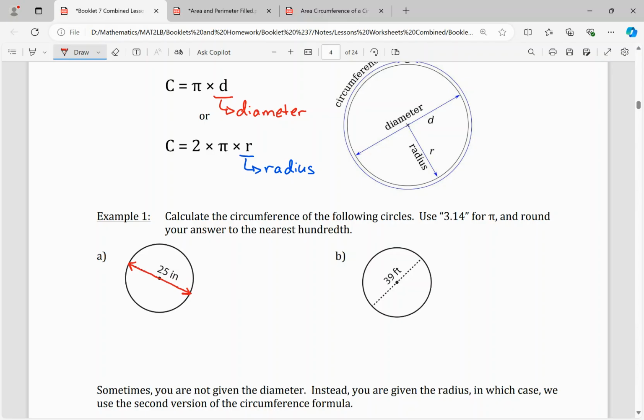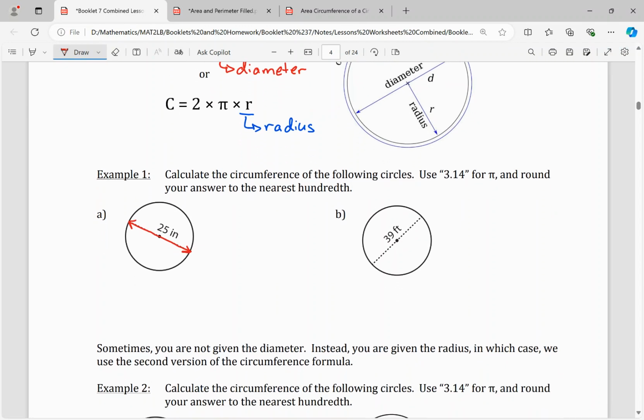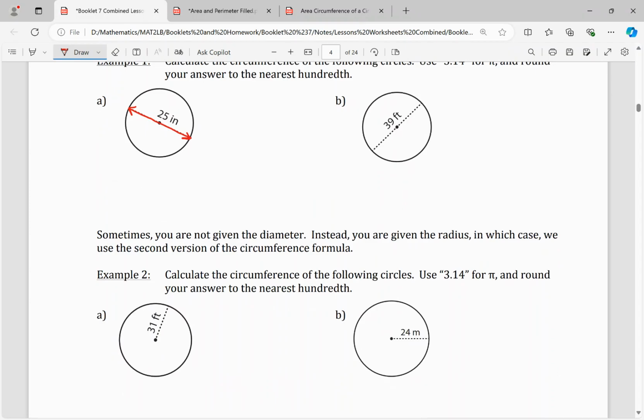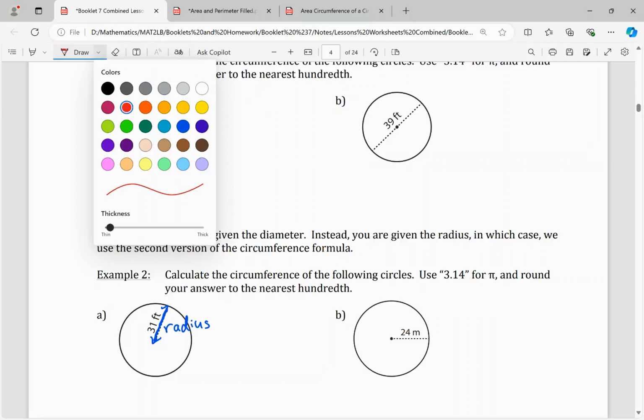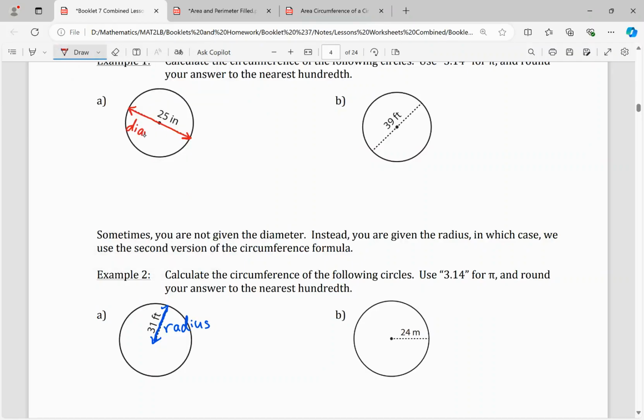You can also find the circumference of a circle if you're not given the diameter, but instead given the radius. Now, the diameter and the radius are very similar, but where the diameter gives you the distance from one side to the other, the radius only gives you the distance from the center to the outside of the circle. So we can see here in example 2 that I'm given the radius, which starts at the center, compared to example 1, where I'm given the diameter.